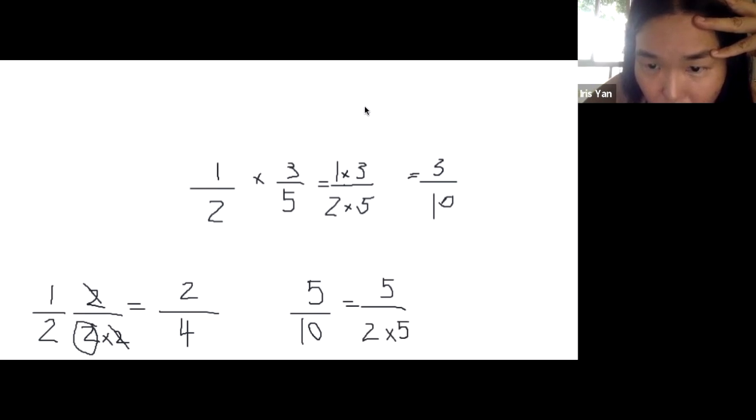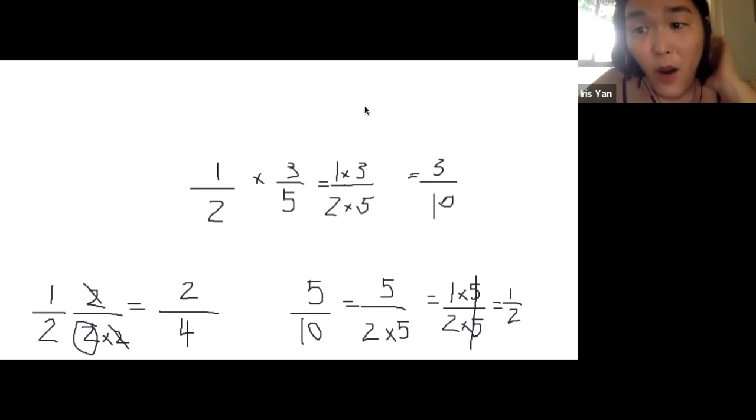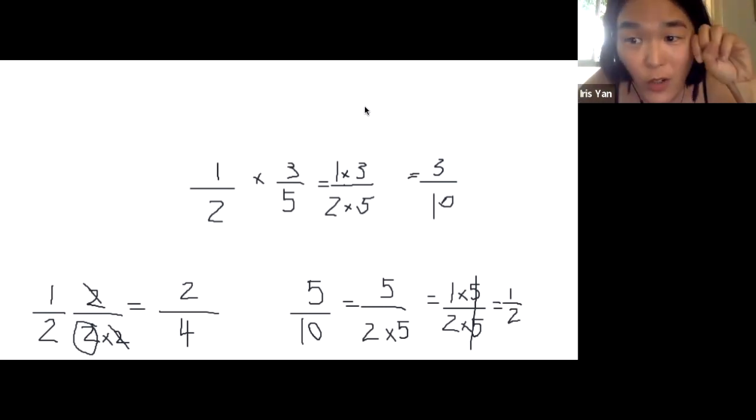So this is 1 times 5 divided by 2 times 5. So these two get canceled, and this again gives me half. So this is when we say the fractions are the same. I don't know if that's what you saw, Solstice, but this is one of the cases where fractions that look different actually are the same.